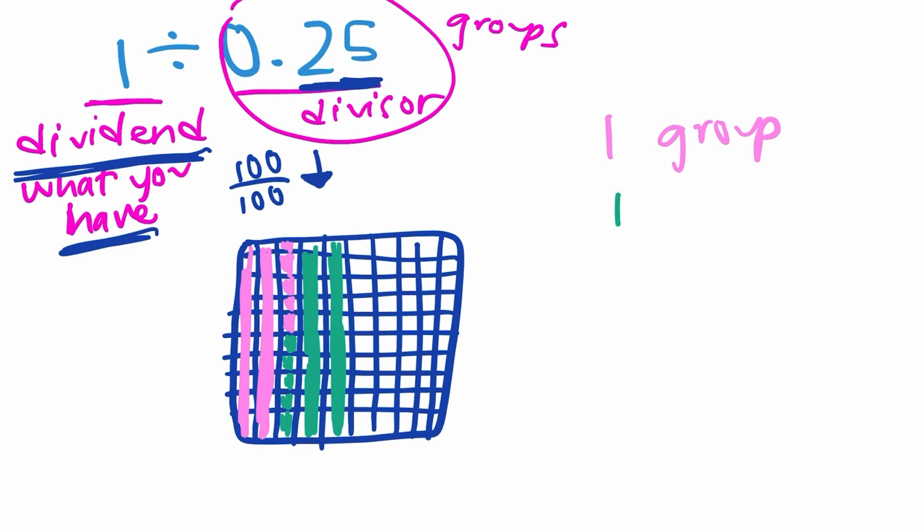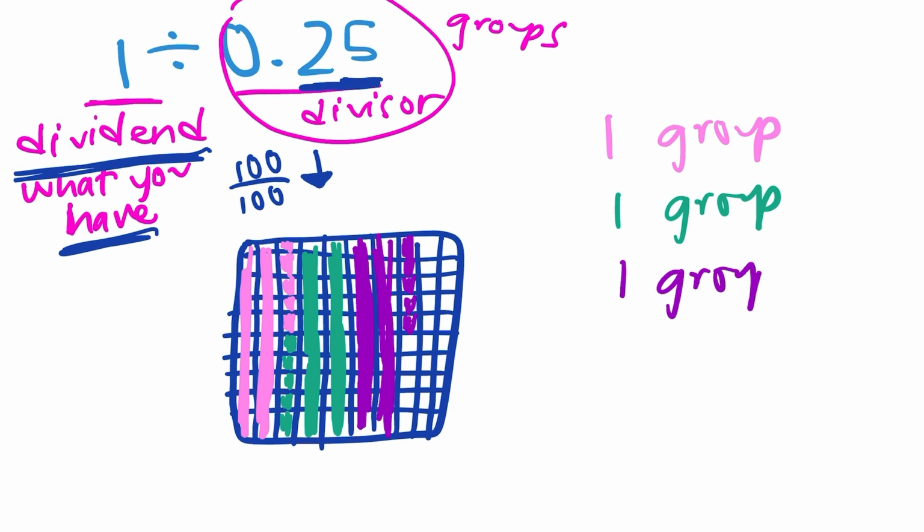That's one more group. Let's do another one. Group of 10, group of 20, 21, 22, 23, 24, 25. That's another group. And we're going to do it again. Group of 10, group of 20, 21, 22, 23, 24, 25.